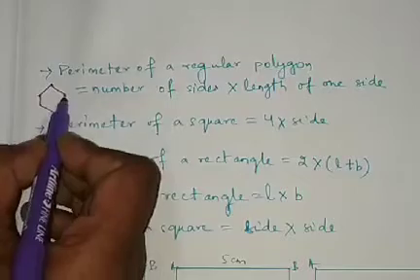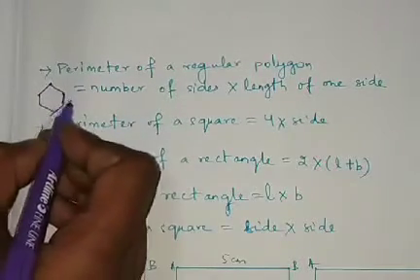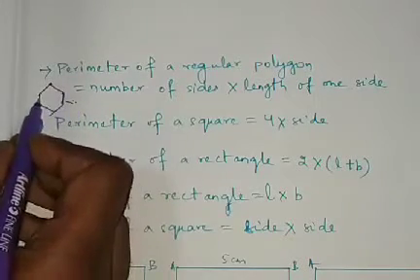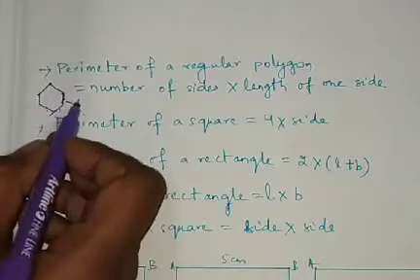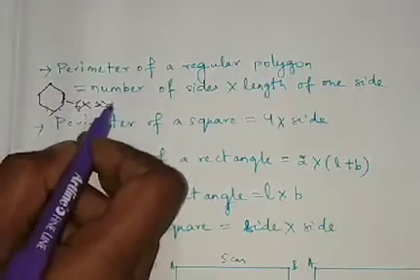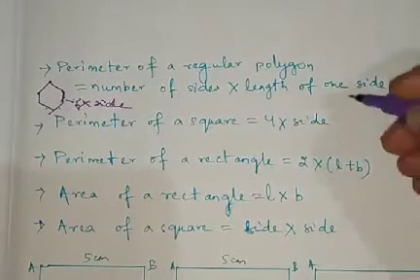This is a hexagon, so the perimeter of the hexagon is number of sides 1, 2, 3, 4, 5, 6 into the length of the side, means 6 into side.